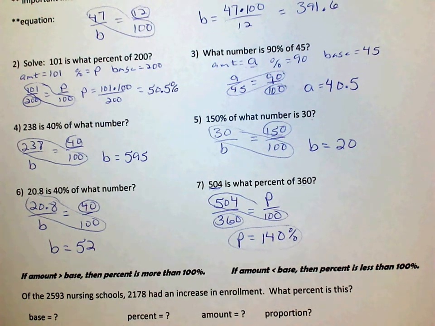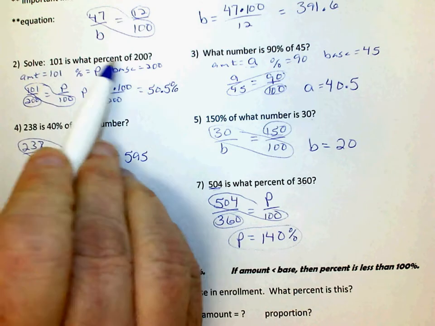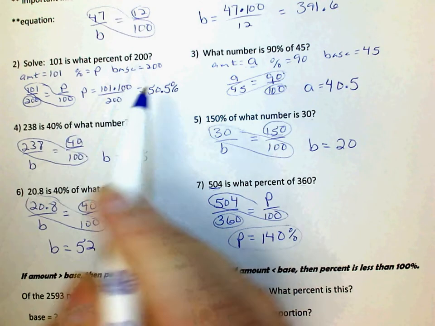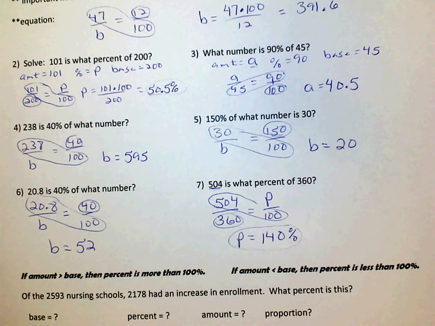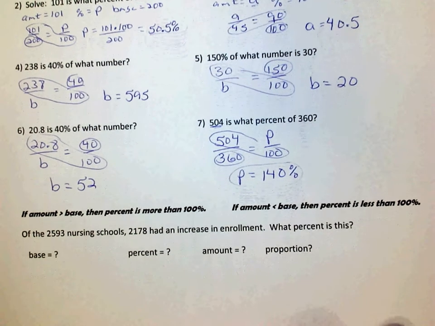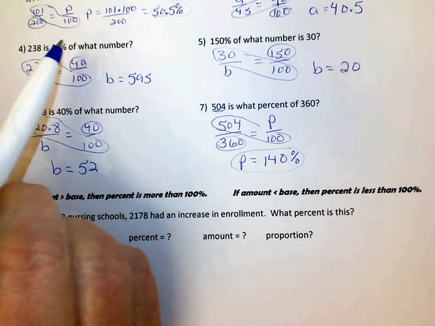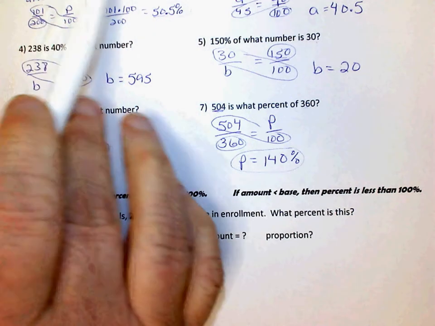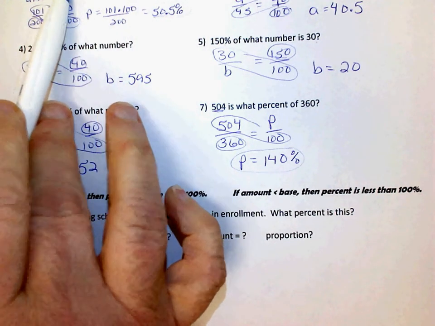Okay, right here, number 2. 101 is smaller than 200. And as you see, our percent ended up smaller than 100. So that's kind of an idea of how you can check to see if you're at least in the ballpark. And also, 100 is exactly half of 200, so this is a little over half, so this had better be a little over 50%.